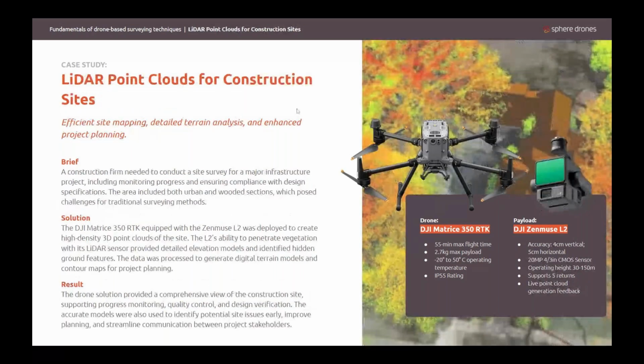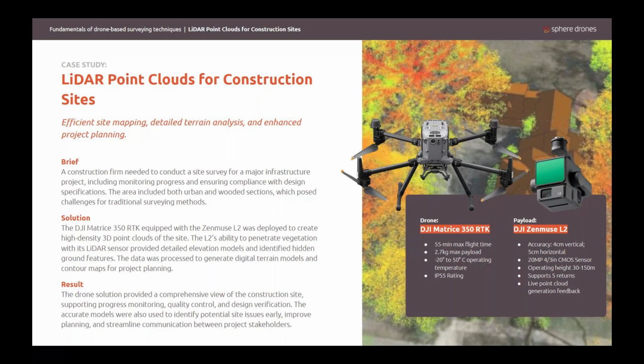Now a LiDAR application here. We had a construction firm that needed to conduct a site survey for a major infrastructure project. Having that ability to scan an environment as a greenfields project and get an understanding of the environment before you start, and then monitor progress and ensure compliance with design specifications. It worked really well in both the urban and wooded sections.